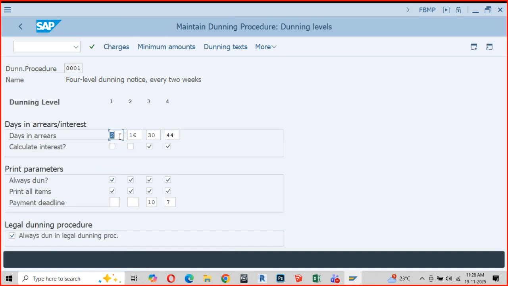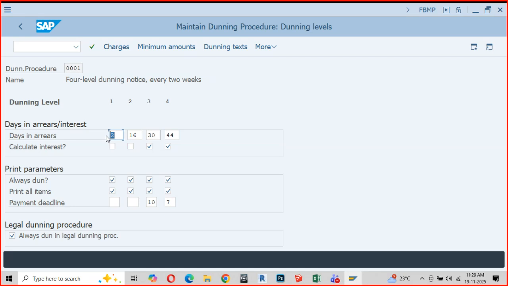So what is this 2 taken from? The line item grace periods. From the 6 plus 2, you saw that 2 was the line item grace period. It is that 2 which is considered here as the starting point. So 2 plus 14 is 16. 16 plus 14 is 30. 30 plus 14 is 44.